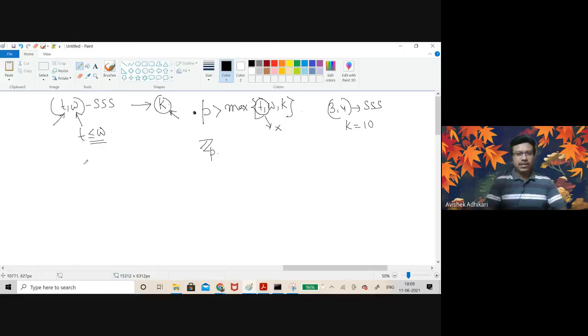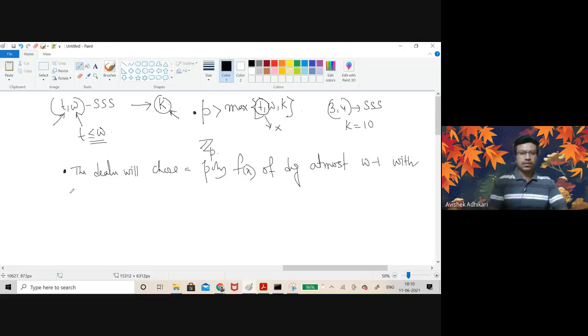And believe me, all the theory that I have just now explained is also satisfied here. That means the dealer will choose a polynomial f(x) of degree at most W minus 1 with coefficients from ZP. In my previous example, when I gave you the intuitive idea, it was on the real line.